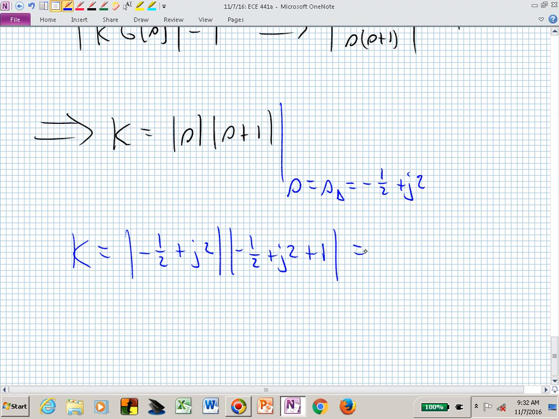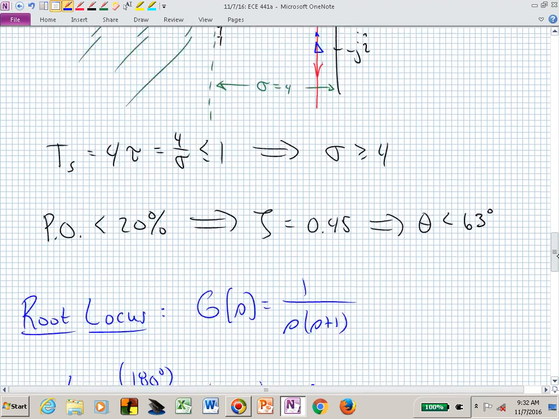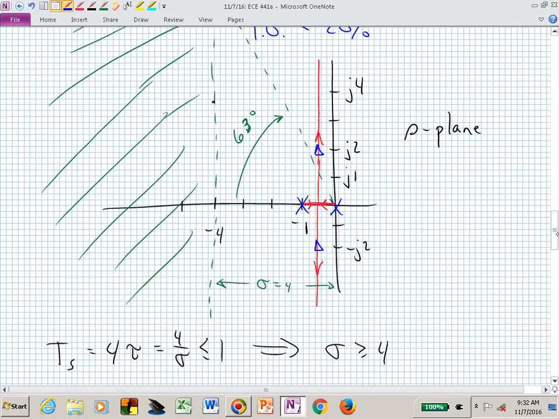And in fact, those are just the hypotenuse of these right triangles. If you look at this particular sketch, the value inside the magnitude of s is going 1/2 in the horizontal direction and 2 in the vertical direction.